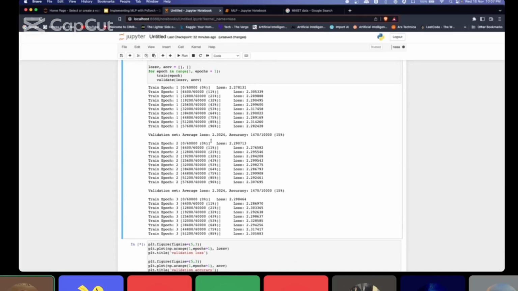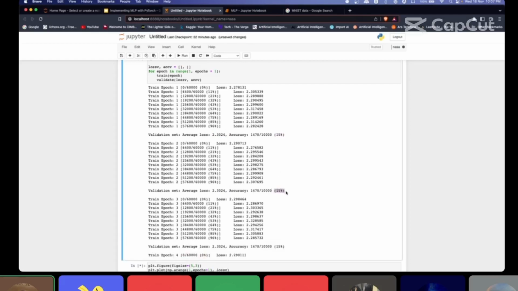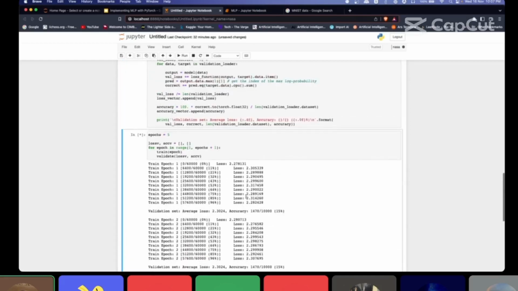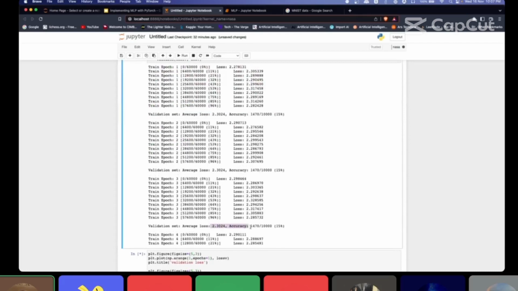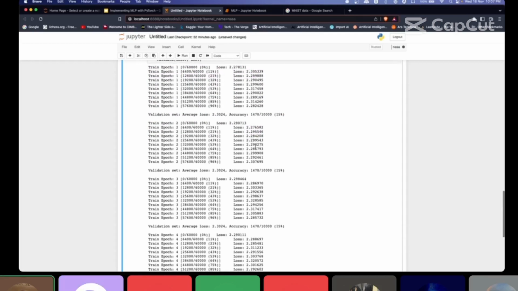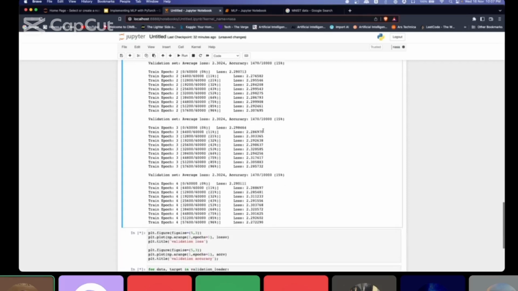See, there you go. The loss never decreased at all, and the accuracy did not increase at all either. It's just going to stay at 15%. And if we are doing everything right, it's going to stay at this same value throughout the entire training. Even the training loss is going to be almost the same over here: 2.28, 2.29, 2.3, 2.27. So it's going to be somewhere around the same loss all the time.